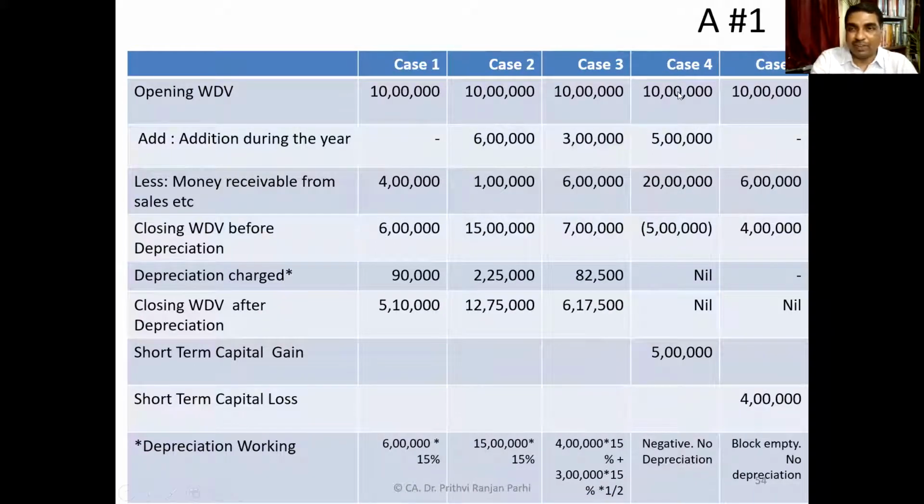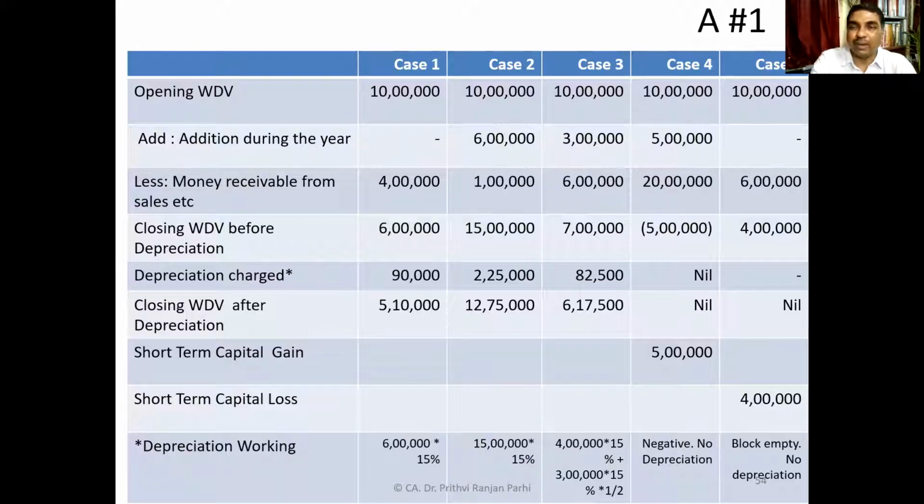You see, opening WDB is 10 lakh rupees. There is no addition. Entire assets are sold for 6 lakh rupees. Closing WDB is positive. Normally, when closing WDB is positive, we are supposed to charge depreciation. But in this case, there is no asset. Block is empty. And therefore, depreciation will not be charged.